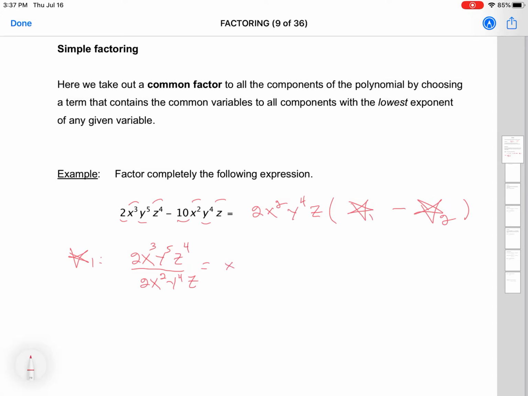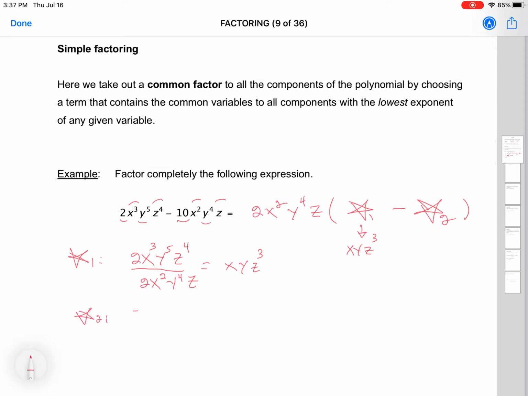So the 2's cancel. x cubed over x squared is x to the 1. y to the 5 over y to the 4 is y to the 1. And z to the 4 over z is z cubed. And that's the term that we're going to put here, x y z cubed.